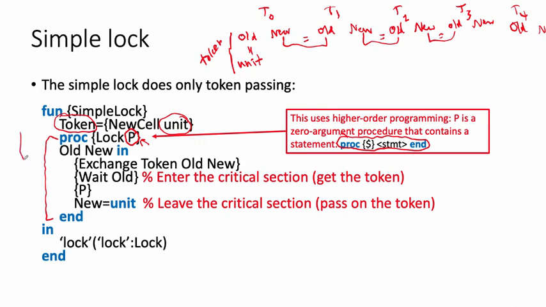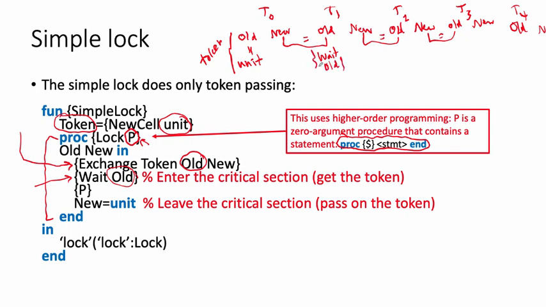So how does it work? Well, I use exchange to get the token. The exchange gives me the old value, and then I wait until it's bound. The token means that the variable is bound. So here I will do a wait on old.